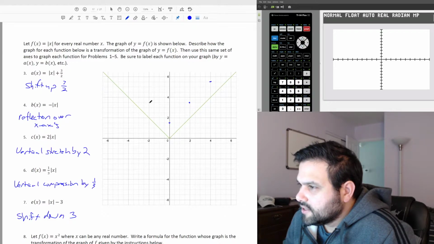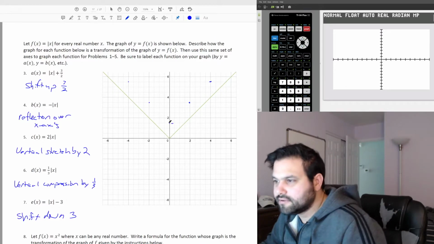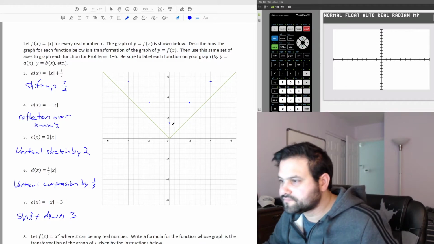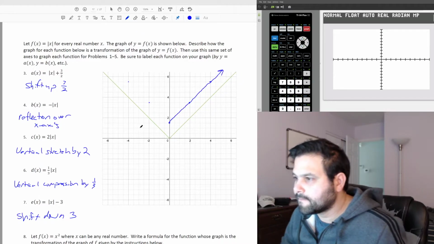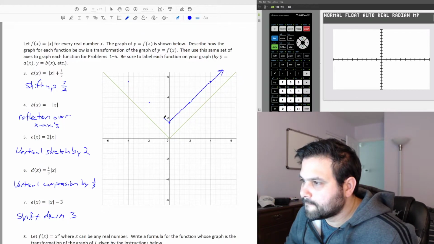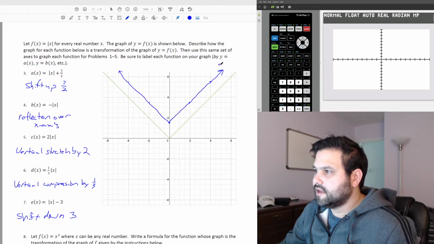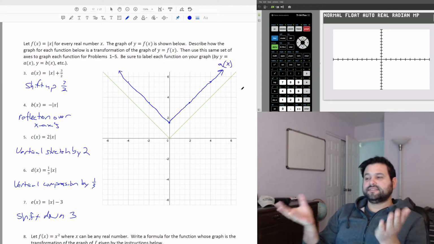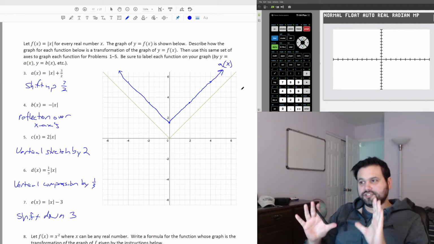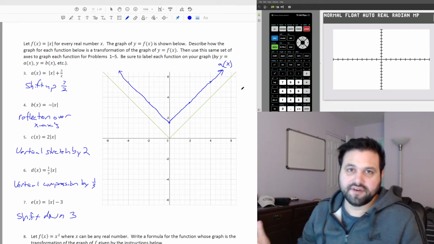And what I get is this. And so now I can graph this and label it A of x. So what we see here is the original function, and it's just been moved up 1.5 units.